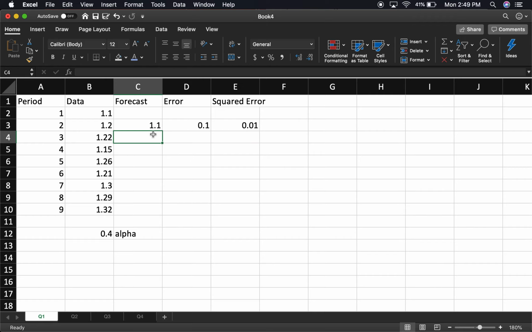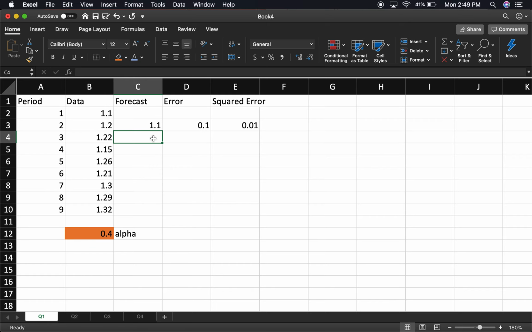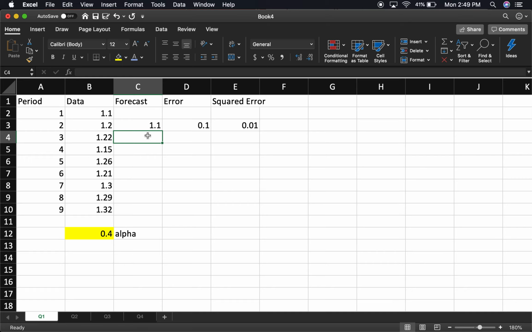Now, the new forecast. This is where I use the alpha. I'm going to highlight the alpha right here. We use it all the time. Well, I'll pick a better color so we can all see how it's yellow. Yellow's probably better. All right, now, in order to make the exponential smoothing forecast, let me just type it in down here.